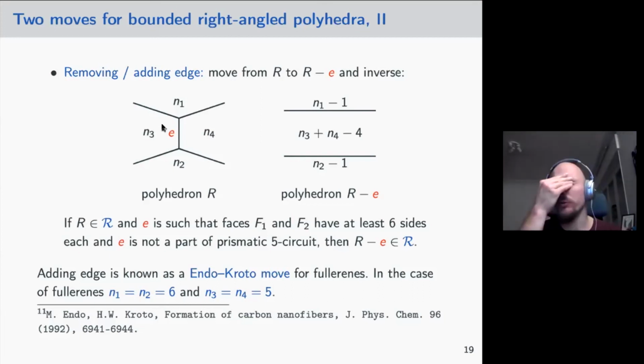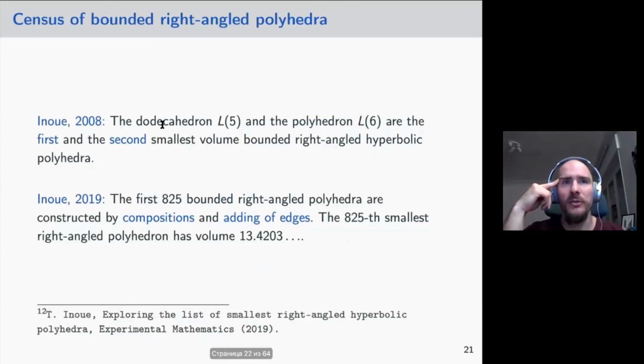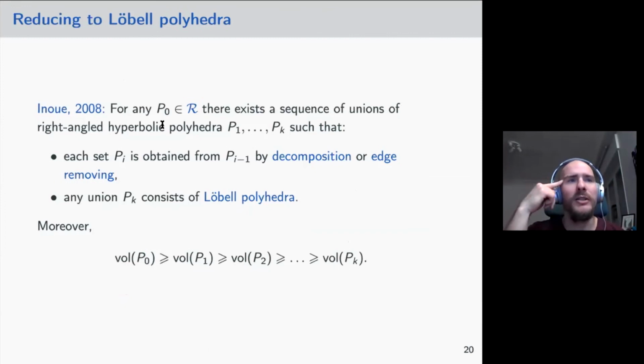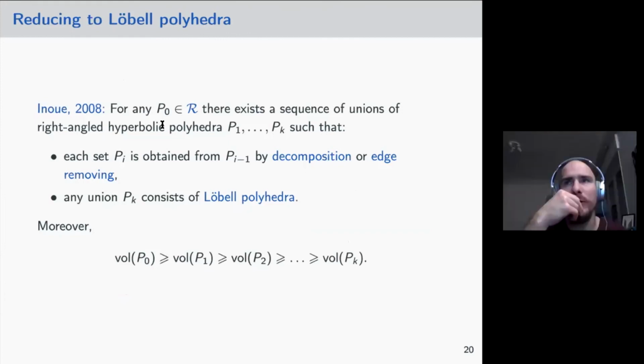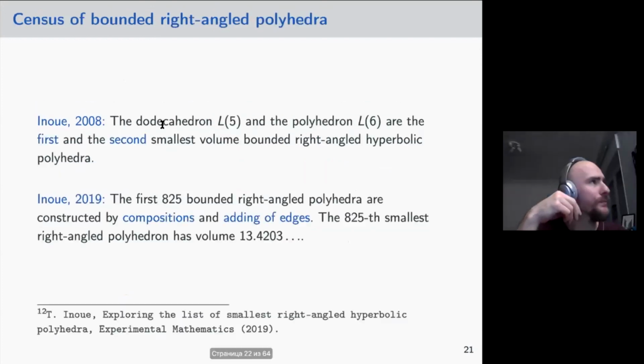So can you repeat the part about the relationship between the volumes, this P1 greater than etc. Pk, and when these operations increase the volume? Yeah. If you add a new edge, the volume increases.